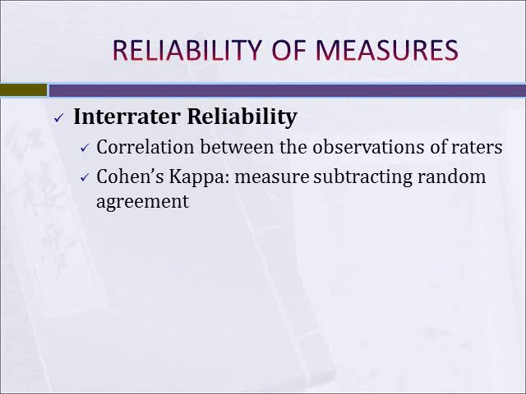There is a particular type of interrater reliability that's been used more and more frequently in research called Cohen's kappa. Cohen's kappa is essentially measuring interrater reliability but subtracting random agreement, and it's a relatively easy calculation to do, and there's calculators available online and you can do it in statistical programs.